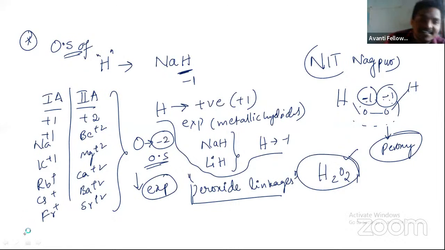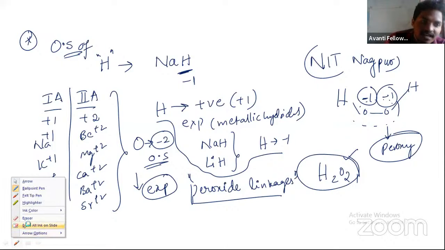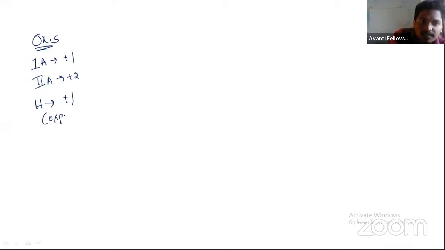Okay, yeah. So now I will start from here. So oxidation state. We got to know 1A metals have +1, 2A metals have +2 oxidation state, hydrogen has +1, except in metallic hydrides. Whenever there is a metallic hydride, it will have -1.